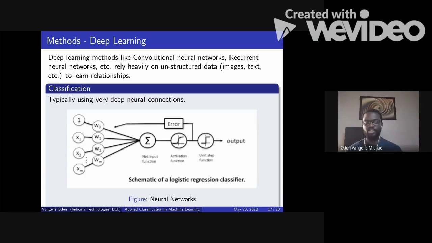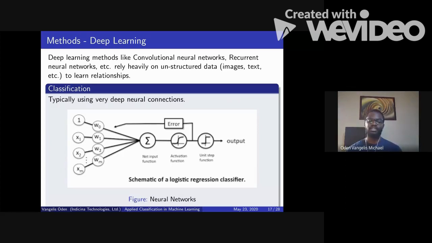That's logistic regression and support vector machines and the others can solve those kinds of data points. However, when you have data as images, data as sound, data as video, you're now talking in more than just rows and columns. You're talking about color, you're talking about pitch, you're talking about amplitude and all of that.